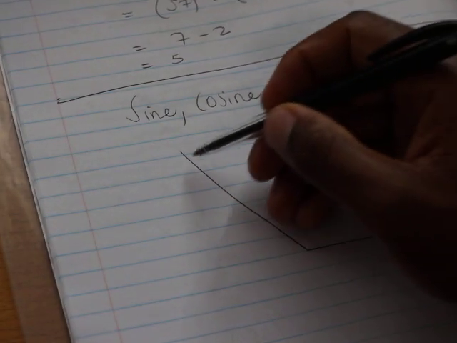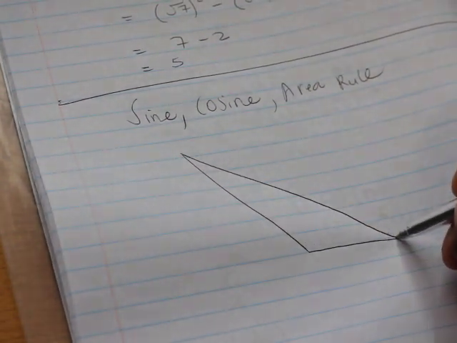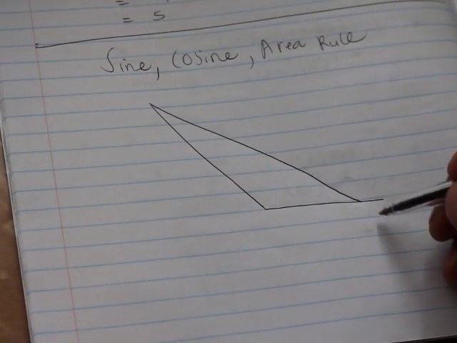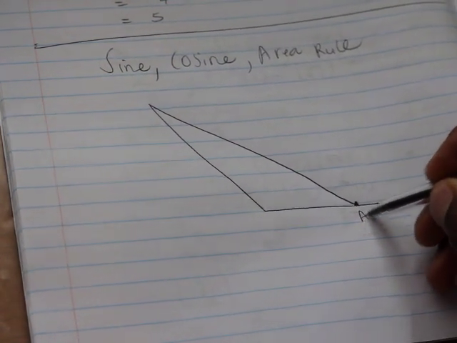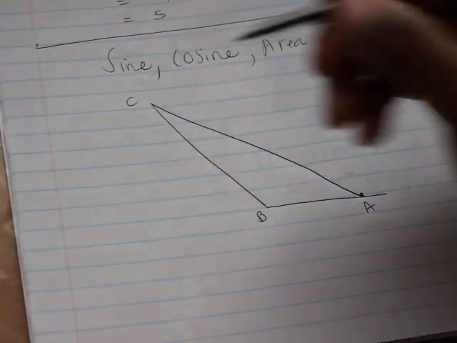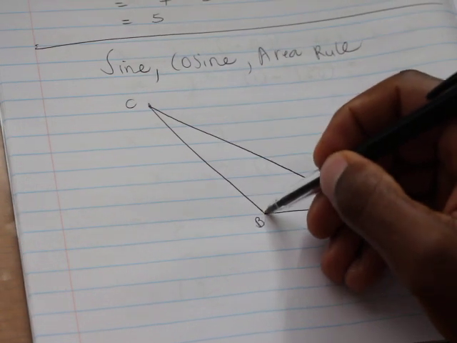It's just that this time around, the triangle is going to look slightly different. This is the triangle that we're going to attempt to prove. So this vertex here we will call A, this we will call B, and that we will call C.